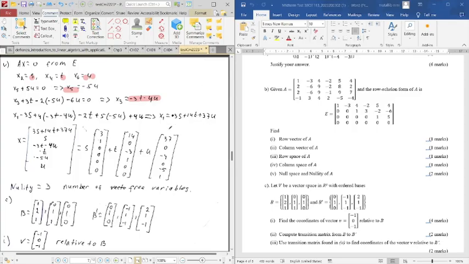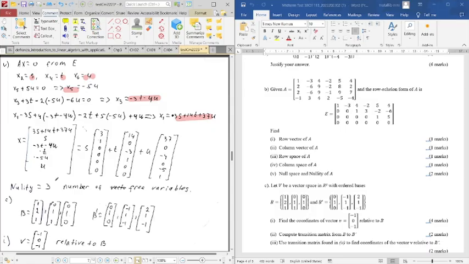So we put all of it into a single matrix. So you can see I put x equals to our variables. So first, for x1 we have this, for x2 we have s, for x3 we have negative 3t minus 4u, and for x4 we have t, for x5 negative 5u, and for x6 we have just u.